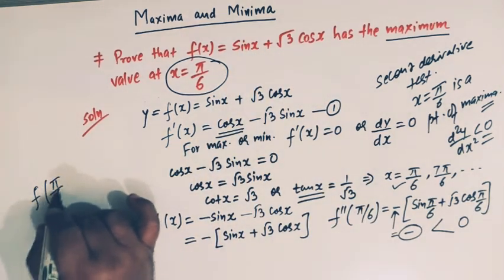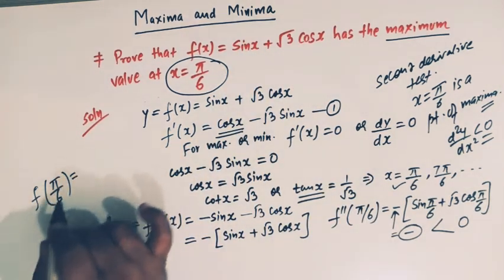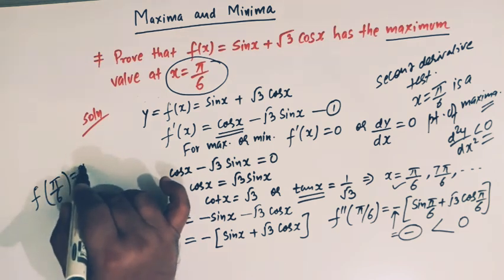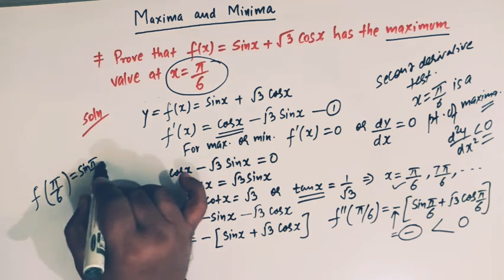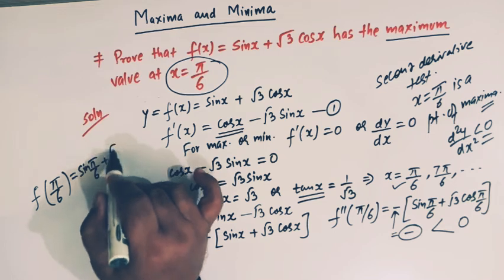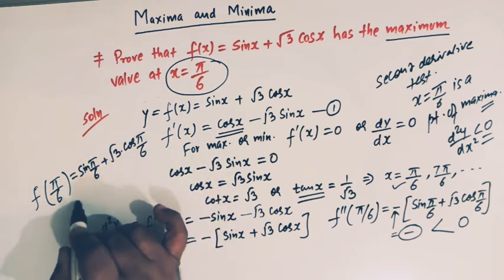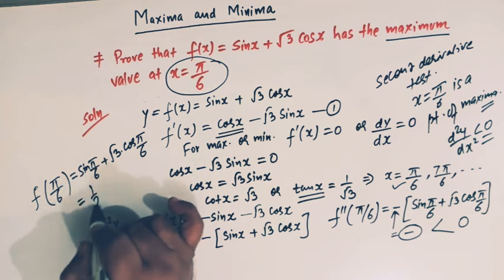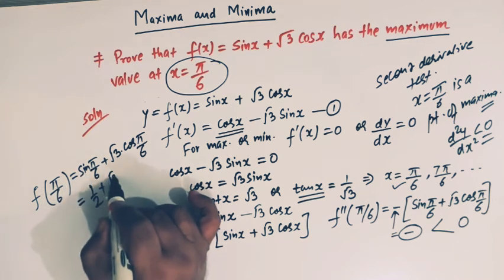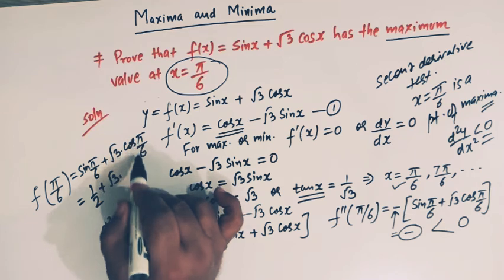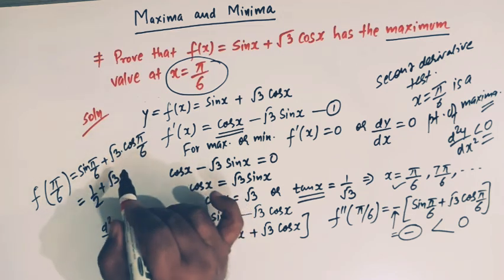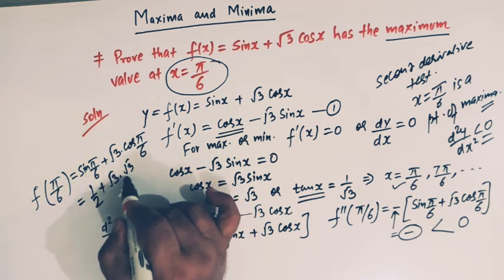So it can be written as f of pi by 6 is equal to sin pi by 6 plus square root of 3 times cos pi by 6, and sin pi by 6 is half, and cos pi by 6, that is cos 30 degrees, is root 3 by 2.